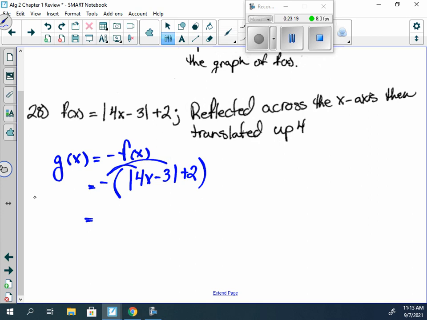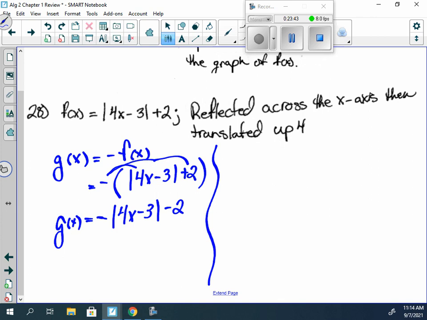So we can't quite drop the parentheses, but we can distribute the negative. The negative sign will not go inside the parentheses or inside the absolute values. It stays on the outside. But our negative and positive 2 is going to make it negative 2.